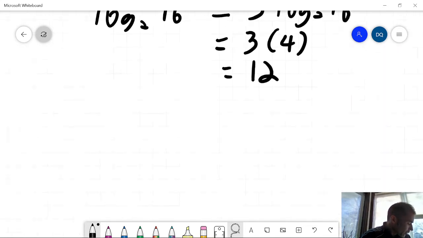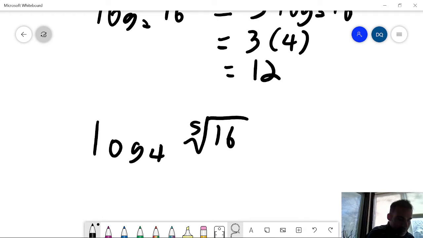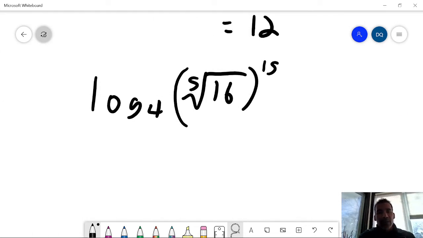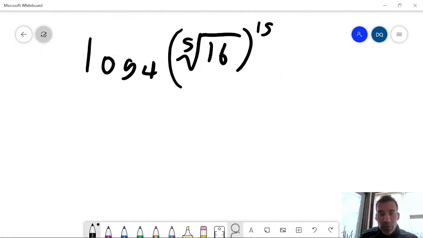Okay, I'll do a slightly more complicated example here. Let's say I want to find the base 4 log of the 5th root of 16 to the exponent 15. Okay, looks like a big complicated mess. Now, first thing I'm going to do is apply some exponent rules. You better be right on top of your exponent rules before you even start working with these log rules.